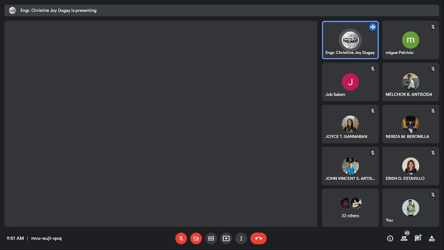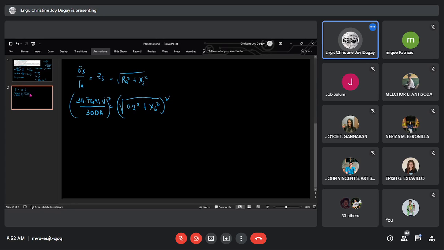Or pwede natin siyang i-simplify. No? Square both sides para matanggal yung square. Ayan. Then pag in-square nyo siya, so 311.7691 divided by 300 ampere, quantity square, so that is equal to 0.2 square plus XS square.